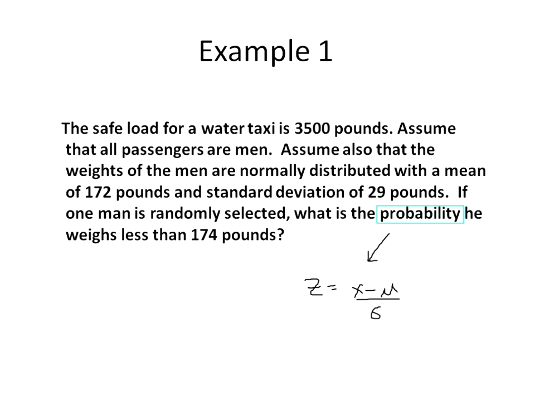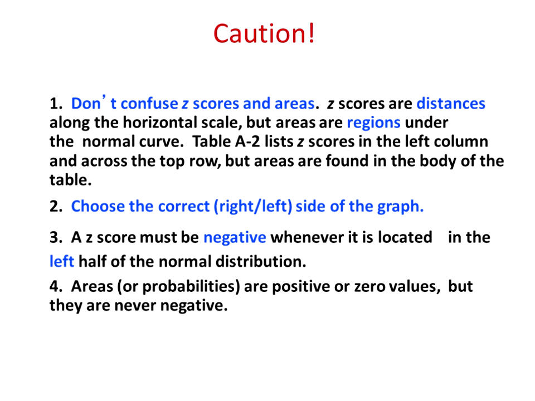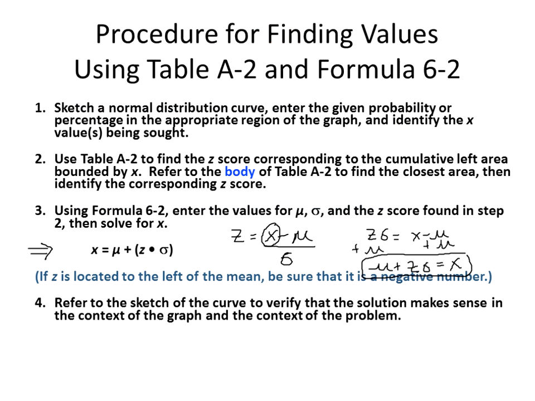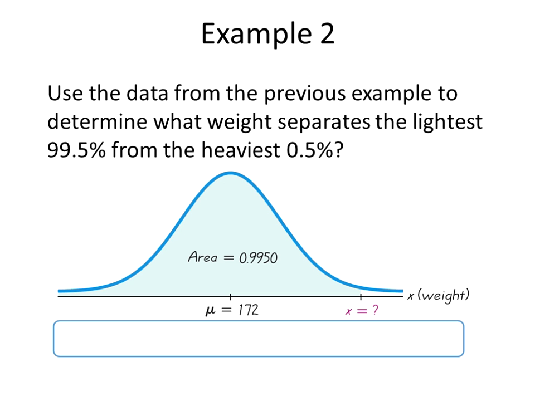If you're asked the question in a different way, let's see if I can go back to that slide. Okay, there it is. In this case, we're given an area and we're trying to find the z-score. It says use the data from the previous example, which is example number 1.